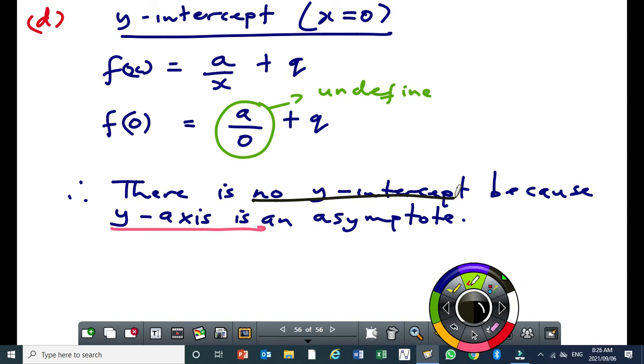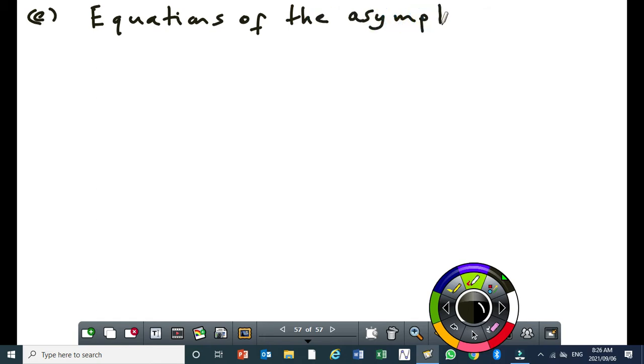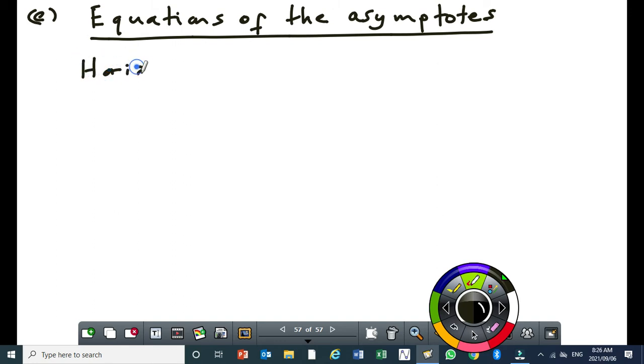Let's move on to the equations of the asymptotes. Now we have got two equations. There's a horizontal and there's a vertical asymptote. So let's start with the horizontal asymptote.